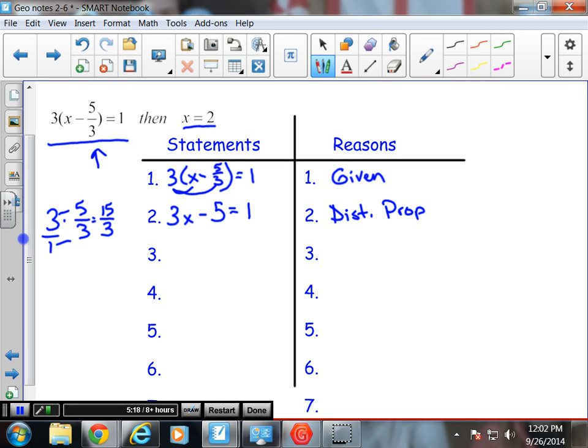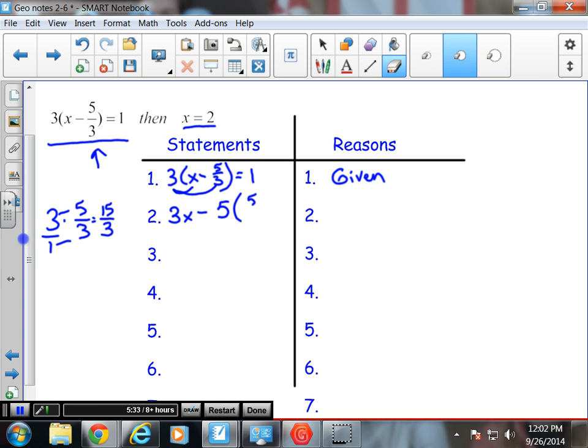Now your book puts another property in here, and I'll show you what they do. So if you're ever short a step, this might be what happened. So you have 3x minus 5 times, 3 times 5/3 equals 1.